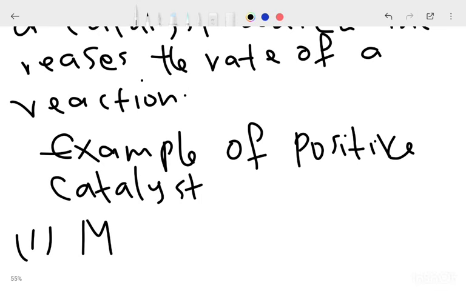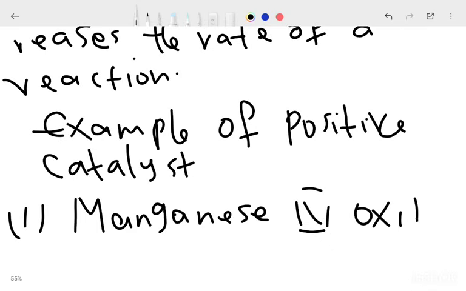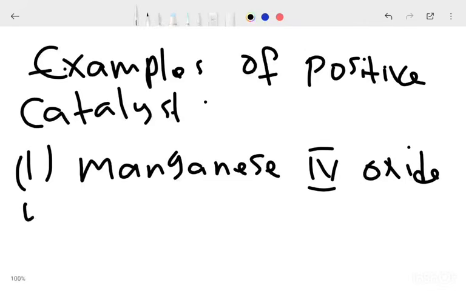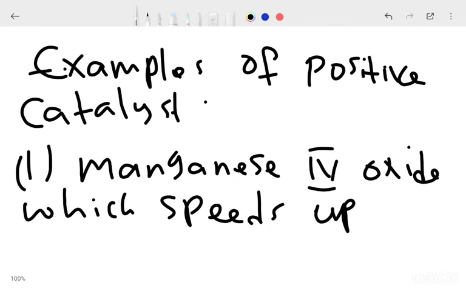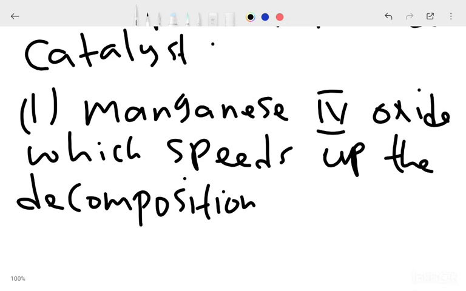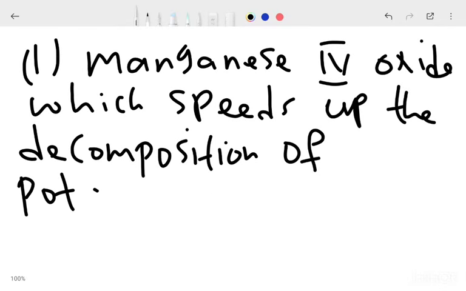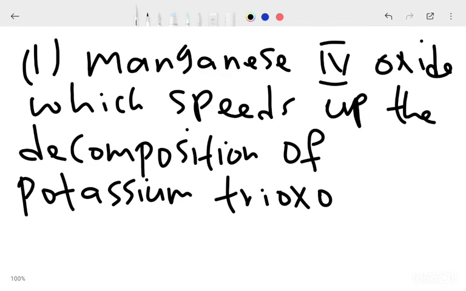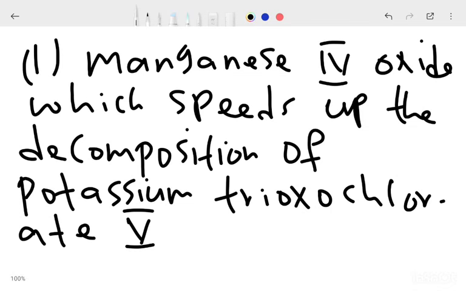Number one, manganese(IV) oxide, which speeds up the decomposition of potassium chlorate(V).